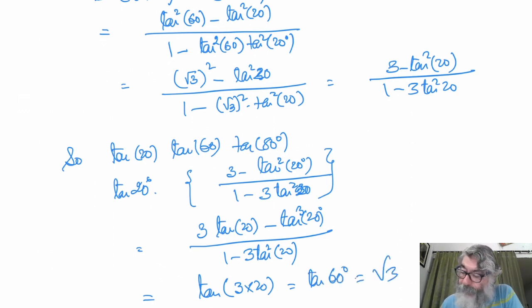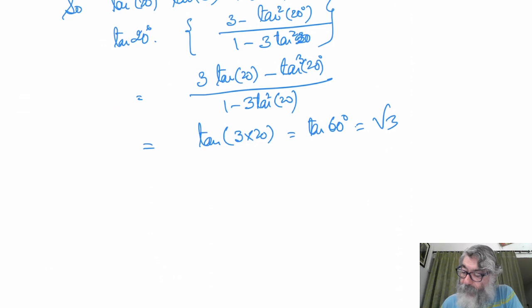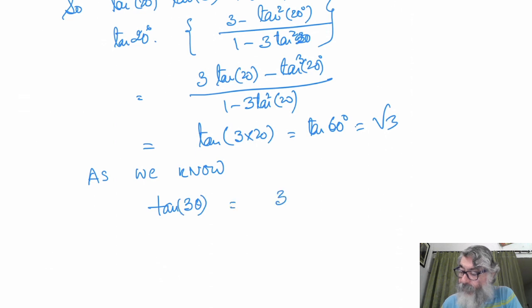The formula, as we know, tan 3 theta is actually 3 tan theta minus tan³ theta upon 1 minus 3 tan² theta.